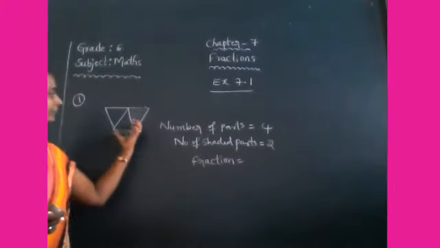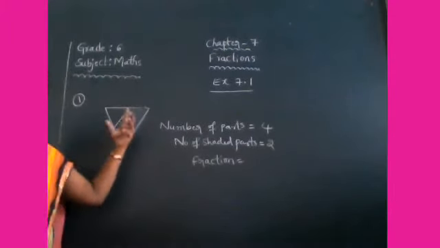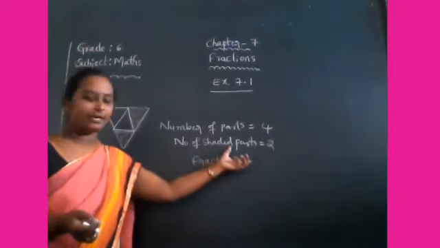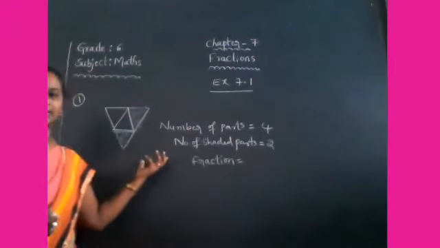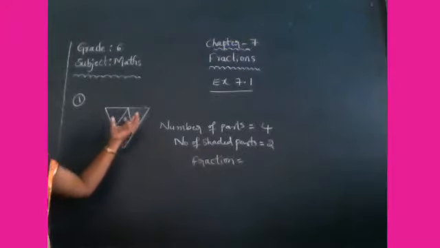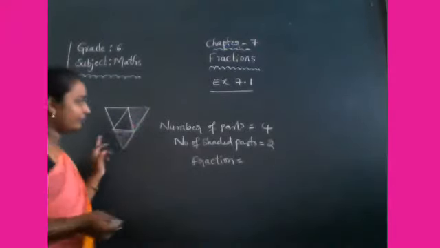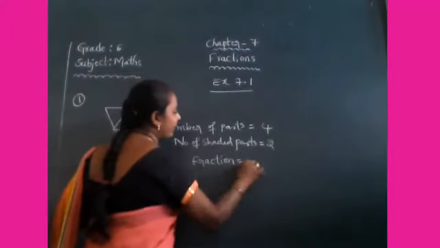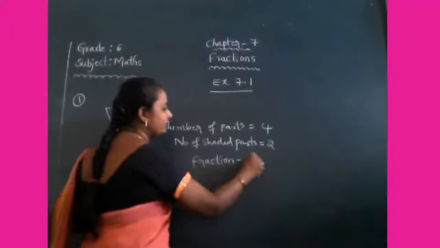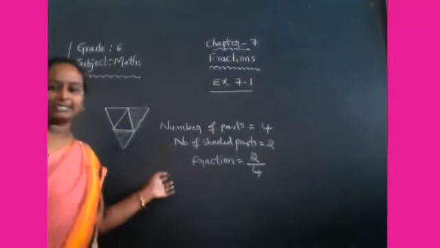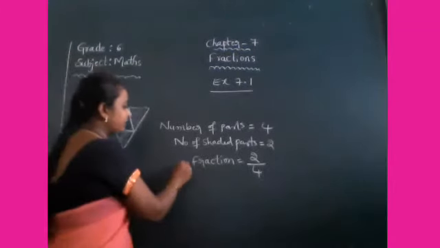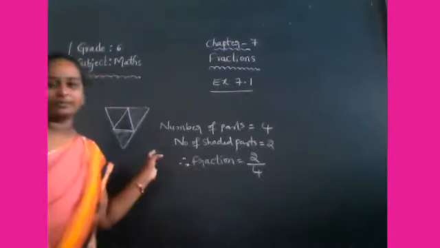The numerator tells the number of parts shaded or taken. The denominator tells the number of equal parts the figure is divided into. Total number of parts is 4 and number of shaded parts is 2. So what is our required fraction? 2 by 4.